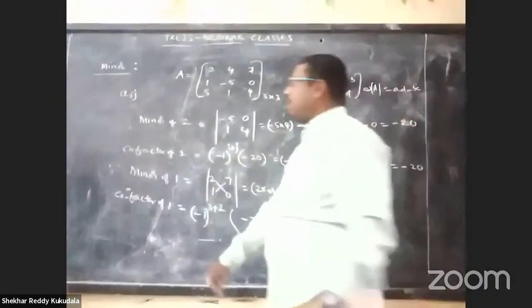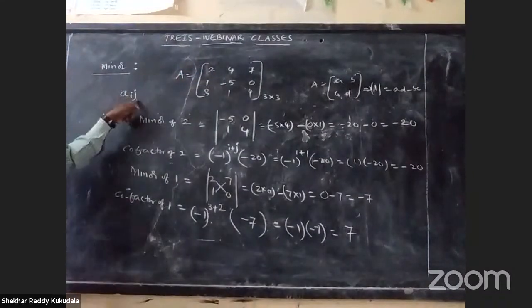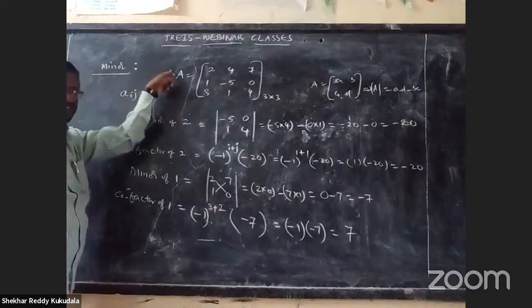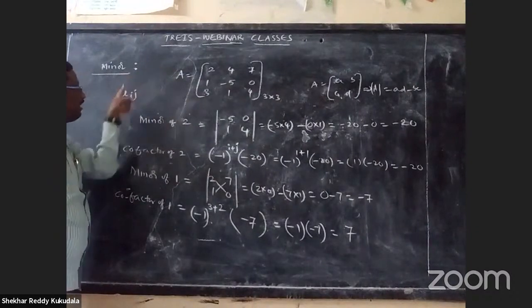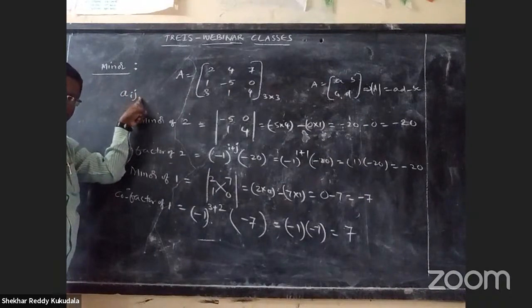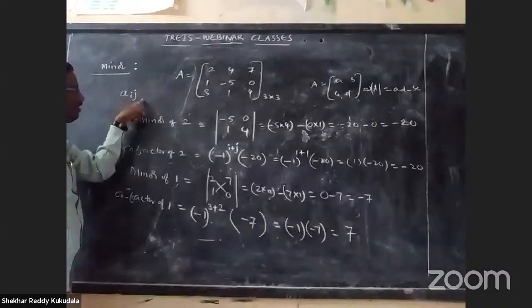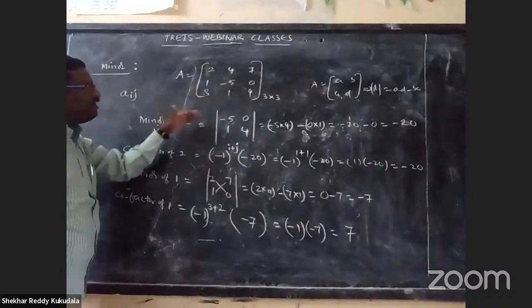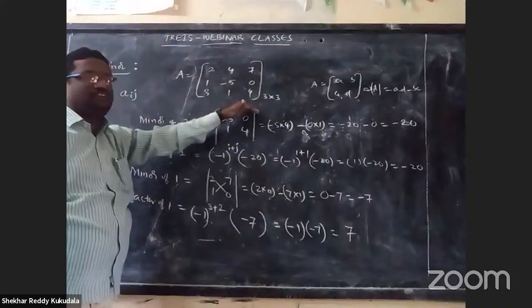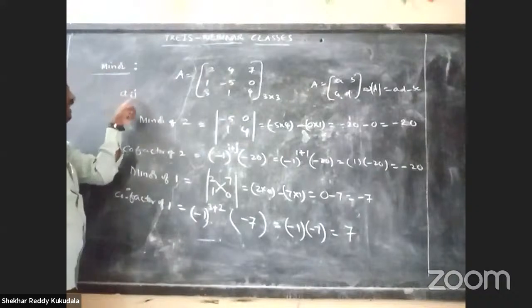Now, let us come to the minor definition. Suppose Aij is an element of matrix A. By ignoring the ith row and jth column, that is, the ith row and jth column are deleted, the determinant of the rest of the 2 by 2 matrix is called the minor of the element Aij.